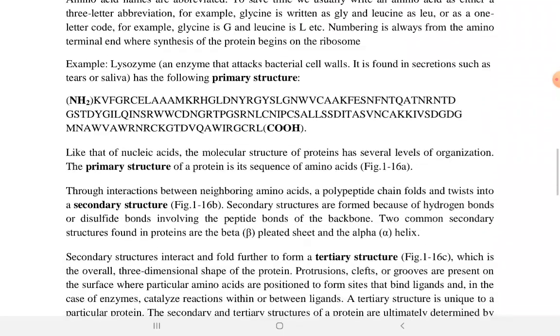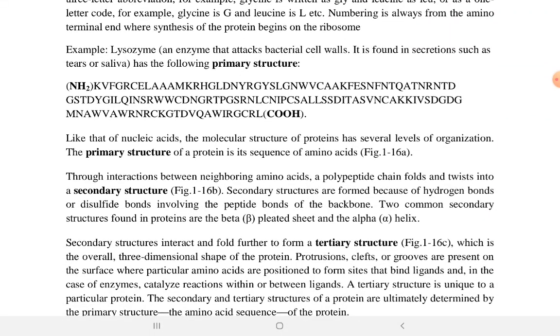So we are continuing to talk about proteins. Like that of nucleic acids, the molecular structure of protein has several levels of organization. As you see, we have the primary structure, secondary, tertiary, and quaternary. The primary structure of a protein is a sequence of amino acids, just like that.